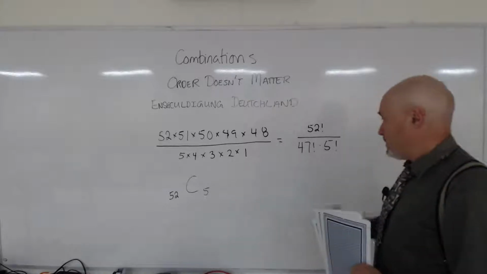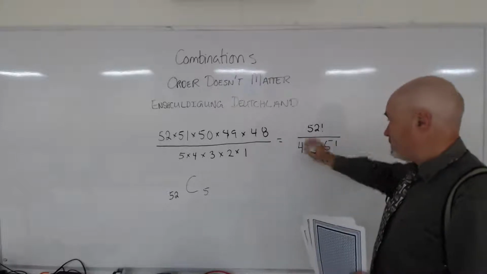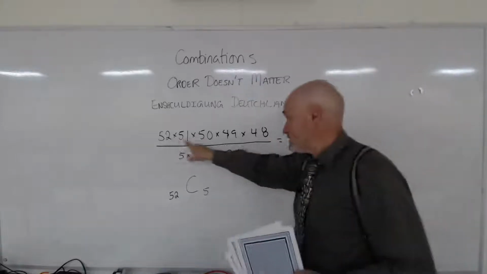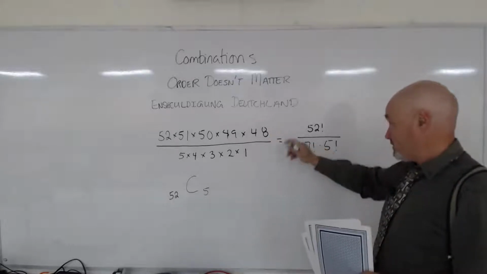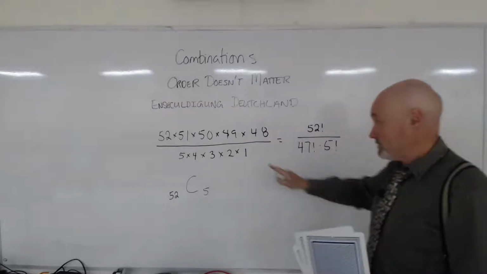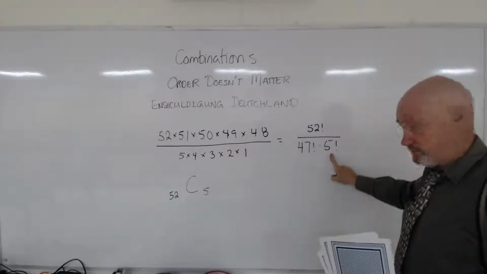So basically, by dividing by 47 factorial, it stops this whole factorial train on top at 48, because the 47 factorial divides into the 52 factorial. And then this is dividing out all the permutations.